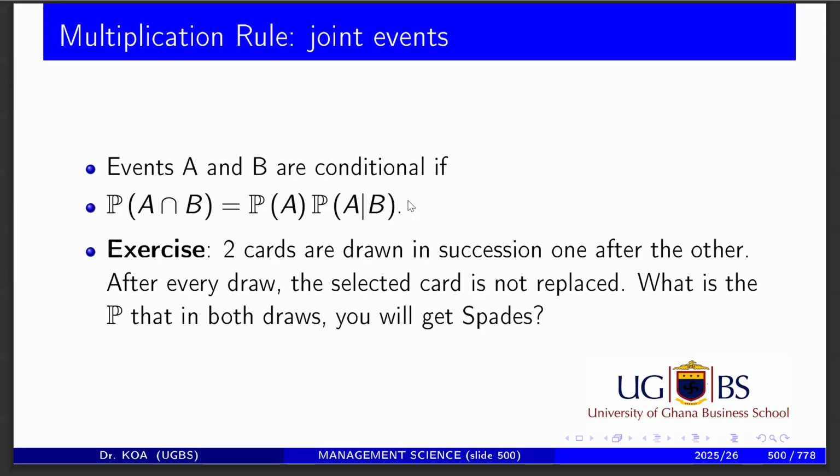Two cards are drawn in succession, one after the other. After every draw, the selected card is not replaced. So whatever is going to happen is going to be conditioned on the fact that this one wasn't replaced. What is the probability that in both draws you will get a spade?